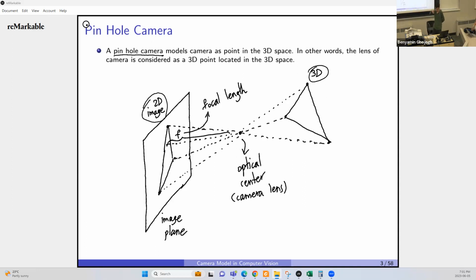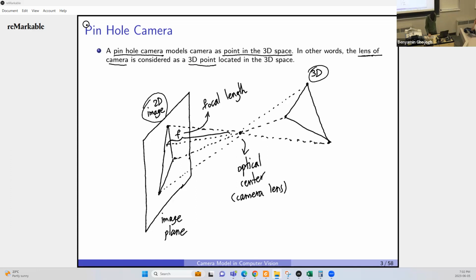The 3D objects are projected on the 2D image. We have points in 3D space, and we have corresponding points or pixels in the 2D image.